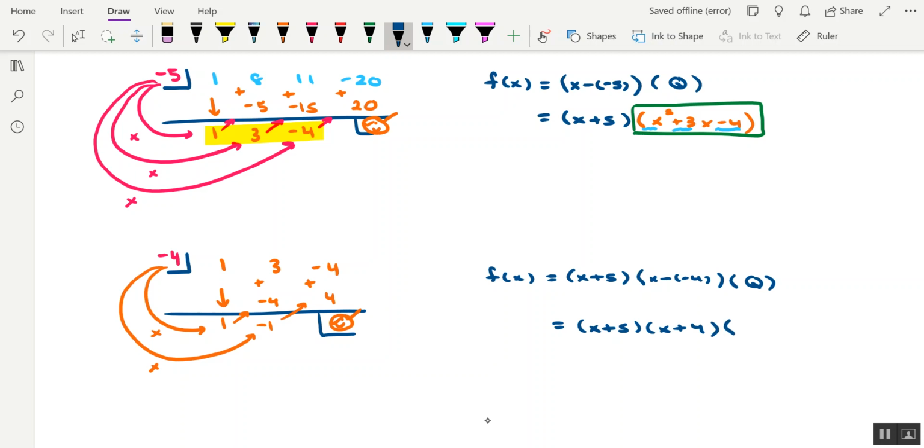Now the quotient polynomial is going to come from these two numbers, and bear in mind that our dividend was a degree 2 polynomial. Therefore, our quotient should be a degree 1. Specifically, it's going to be 1 times x to the first power minus 1.